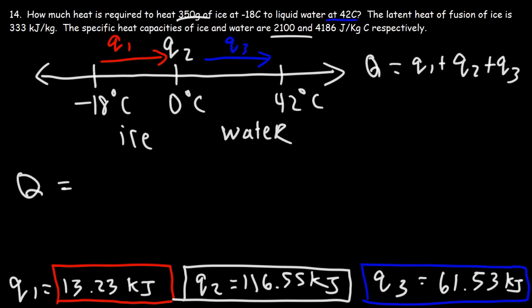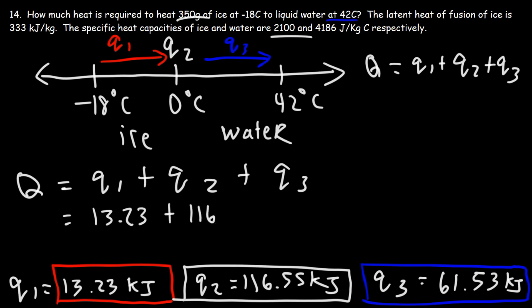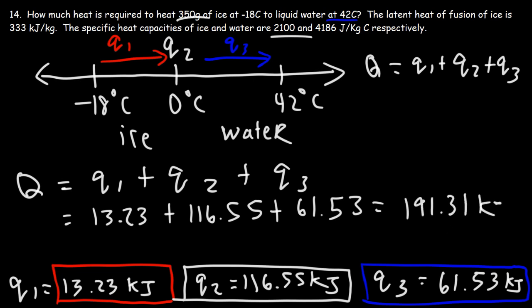We need to add up Q1, Q2, and Q3. So this is going to be 191.31 kilojoules. This is the final answer for this problem.